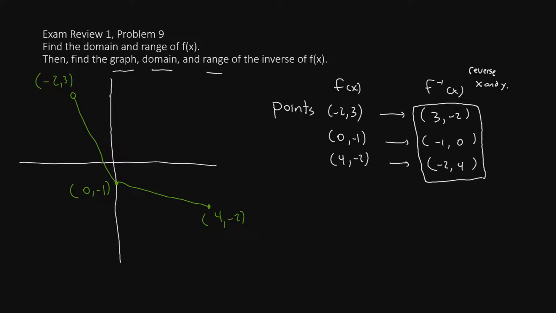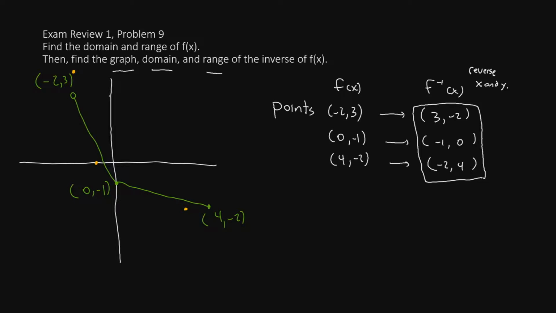With those points found, let's try plotting them on the graph. (3, -2) will be located somewhere around here. (-1, 0) will be located here along the x-axis. And then (-2, 4) will be located above the open circle here.